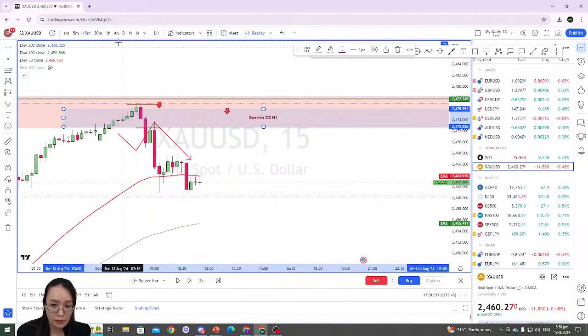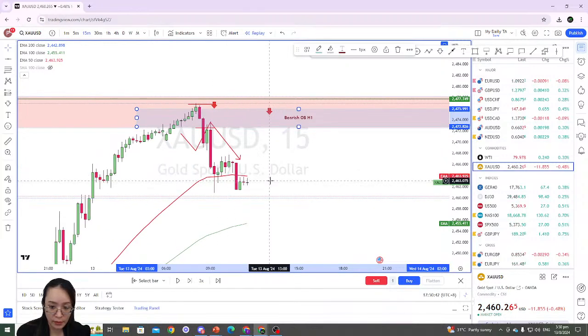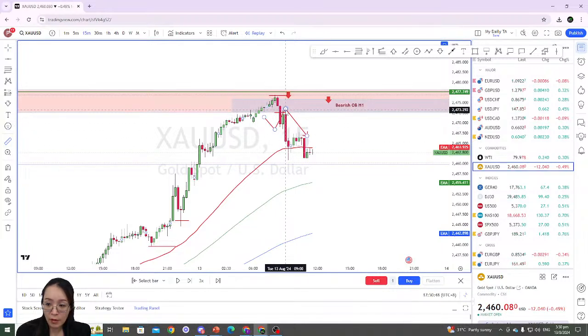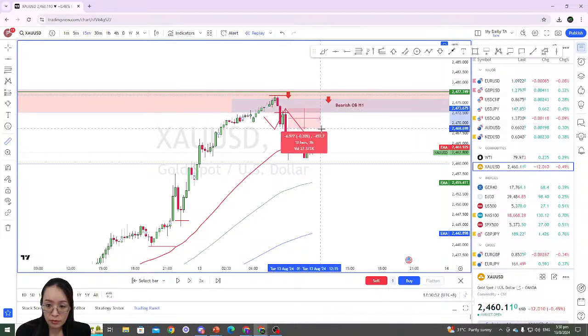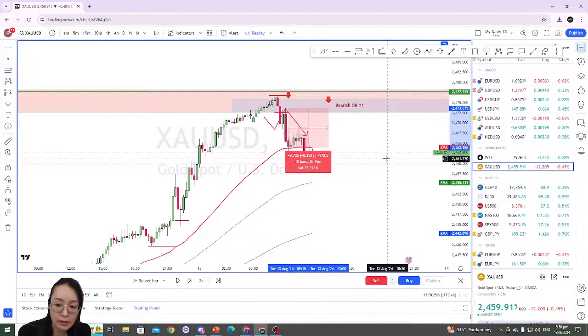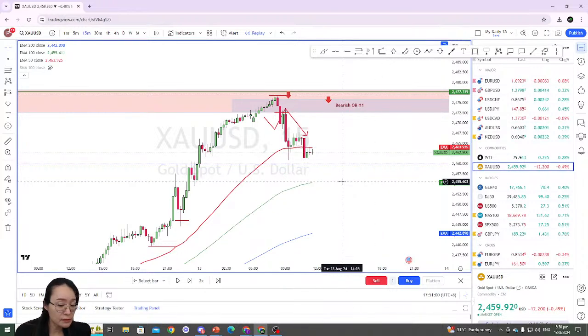Price goes into the zone, the box, and then continues to fall here. For scalping, you sell from 2473 all the way down to EMA 50, about 90 pips or 972 points. For gold scalping, that's already enough.